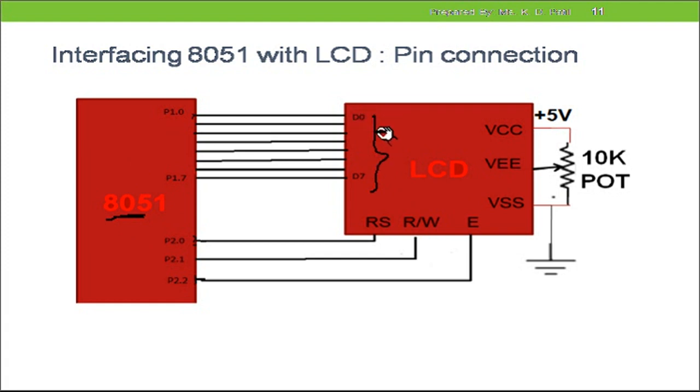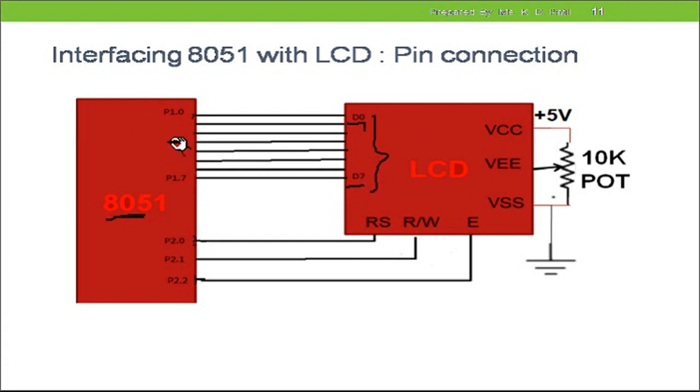That data will also be available in the program which we have embedded on the 8051 microcontroller. So these data lines, D0 to D7, we are going to interface with any one port of the 8051 microcontroller. Here I am using the P1.0 to P1.7 pins, that is port 1 of the 8051. So all the port pins of port 1 are interfaced with the D0 to D7 data lines.